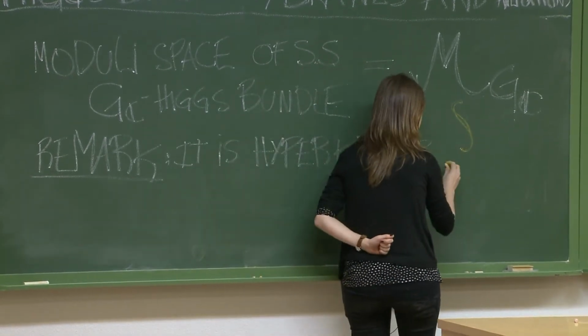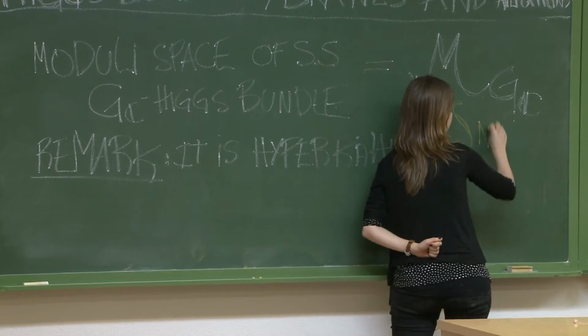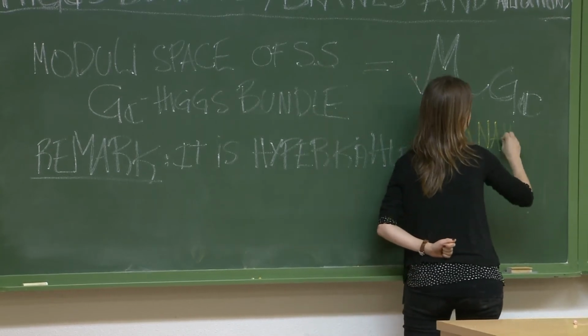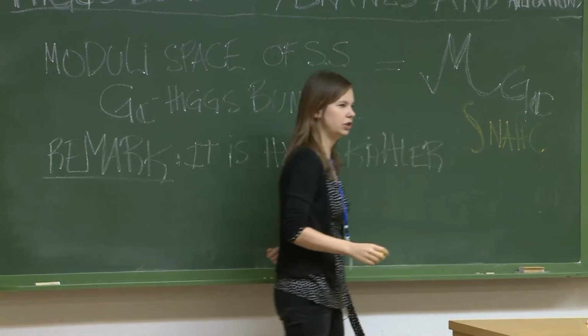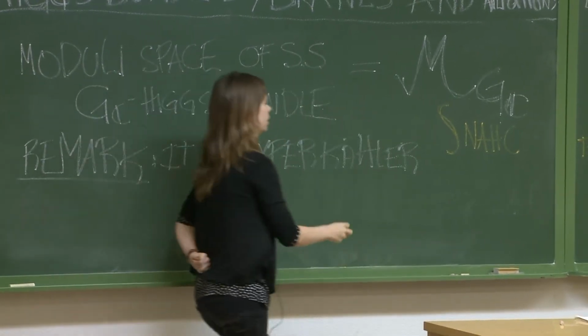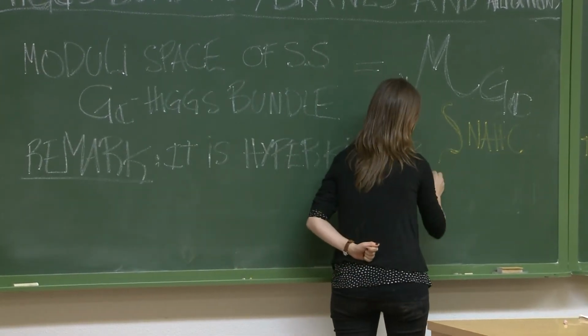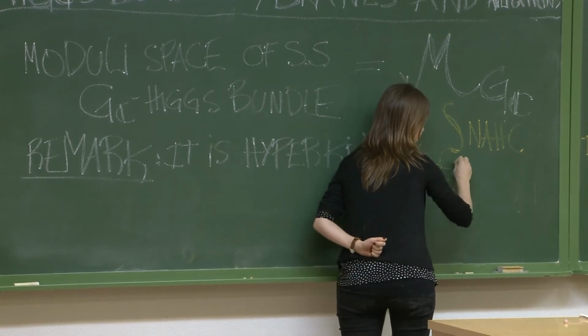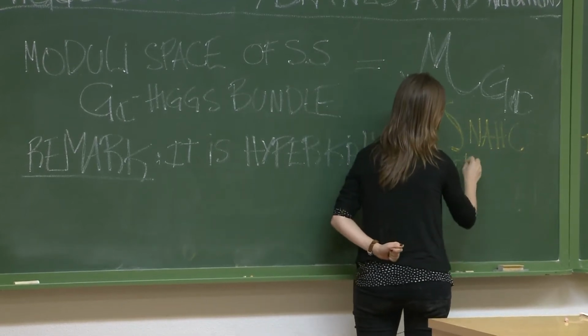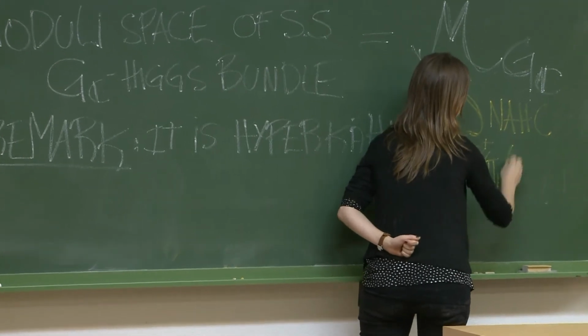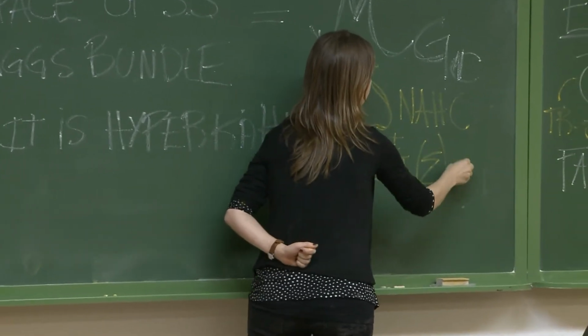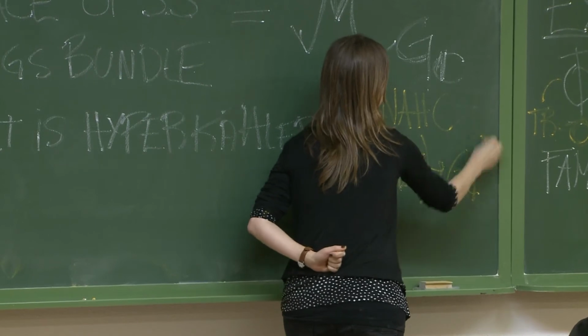So there's a correspondence via what we call the non-abelian Hodge correspondence, and this is work due to Hitchin, Simpson, Donaldson, and Corlette. And the correspondence is with the space of representations that are reductive of the fundamental group of your Riemann surface into the group G_C.